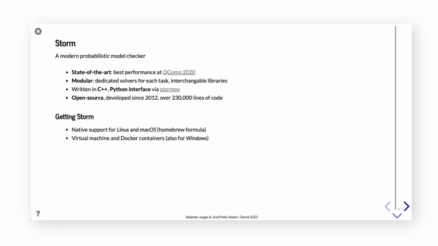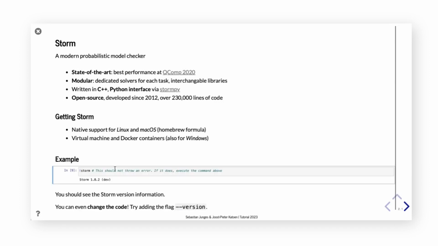There are different formulas for different build systems in order to get the binaries directly on your system. You can build it from source, or you can get virtual machines and Docker containers that we're constantly deploying using continuous integration.